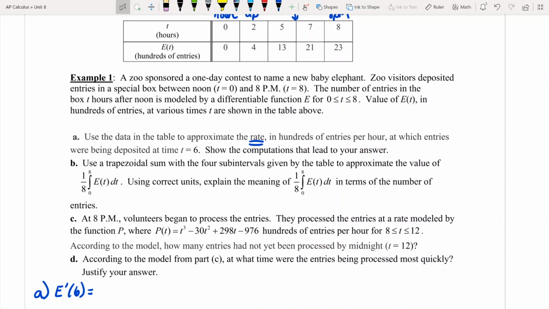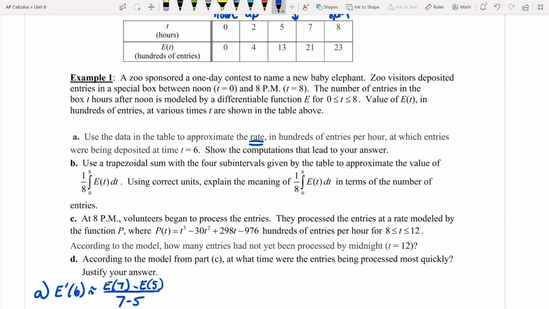So we're going to estimate this, and I should use the approximation symbol here. And the only data that we have is E of 7 minus E of 5 all over 7 minus 5. We're going to find the slope between those 2 points, and that's going to give me my rate of change.